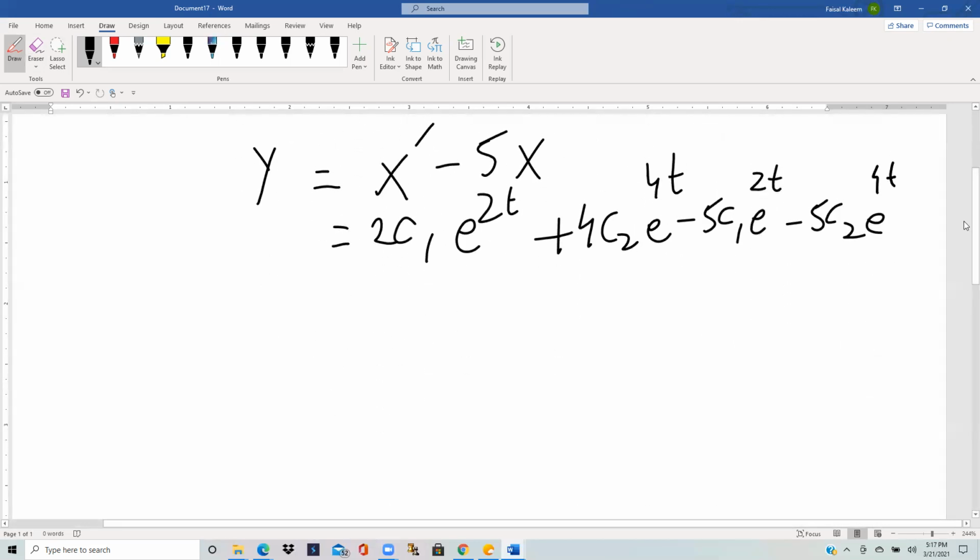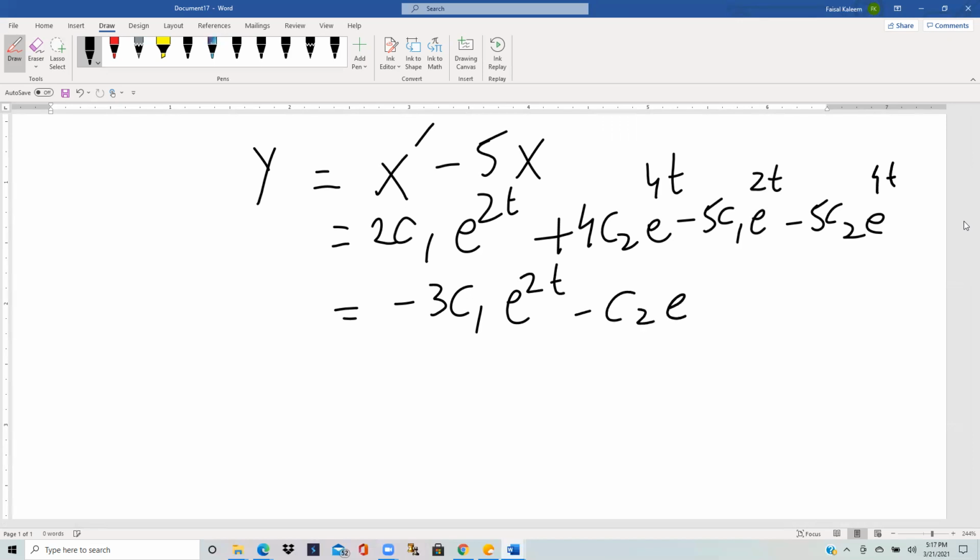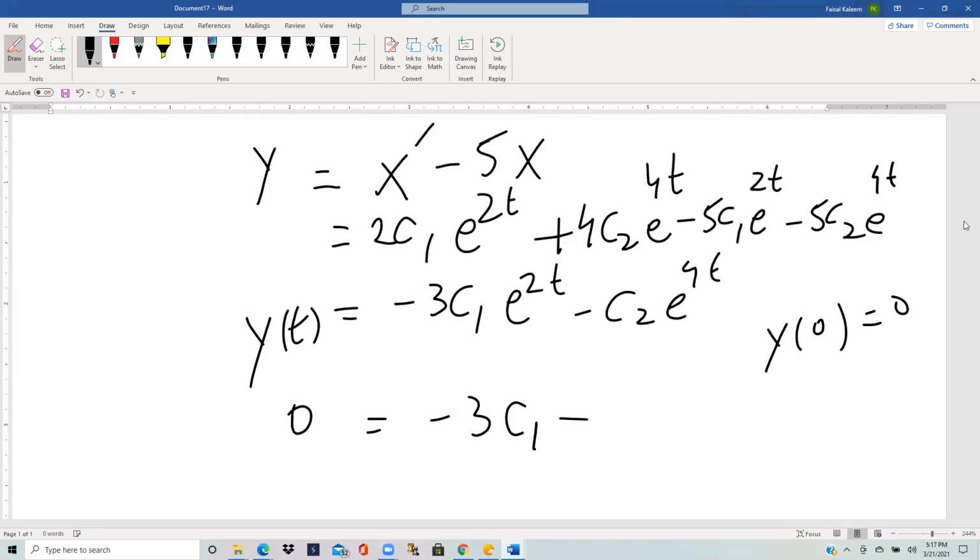And this one simplifies to negative 3c1 e to the 2t minus c2 e to the 4t. That's y of t, and the y condition that was given to us was y0 is equal to 0. So you get 0 is equal to negative 3c1 minus c2.